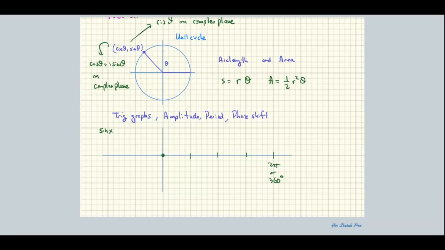Half of 2 pi is pi, that's 180 degrees. And half of pi is pi over 2. So I got 1/2, 2 halves, 3 halves, and 4 halves of pi. And that gives me a basic sketch. I could go back the other side too, at -1/2 and -1 pi's, right?